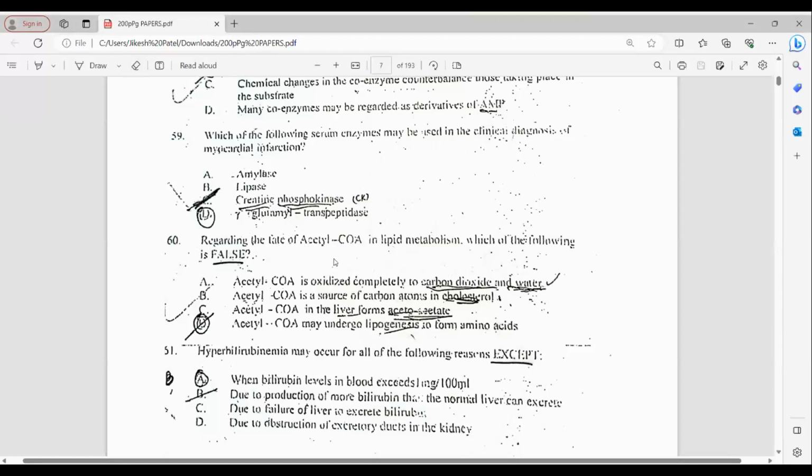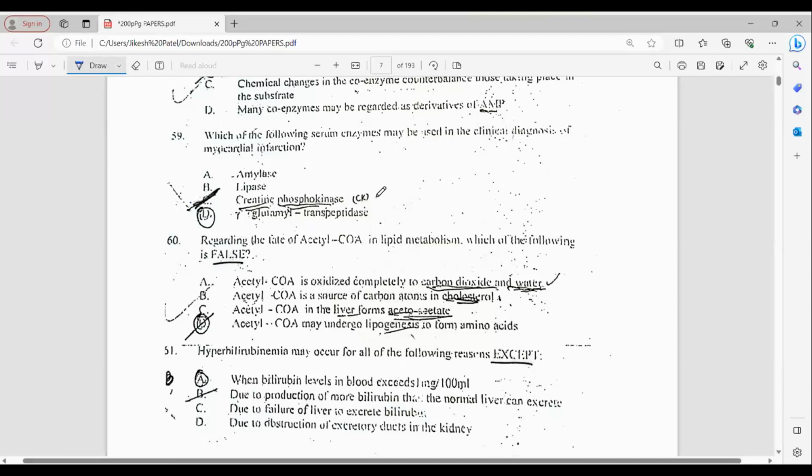Number 59, which of the following serum enzymes may be used in the diagnosis of myocardial infarction? So this one, Seraphine covered yesterday. It would be the creatine phosphokinase or creatine kinase, right? Because gamma glutamyl transpeptidase, that is GGT, would be more of liver, so things like alcoholism.